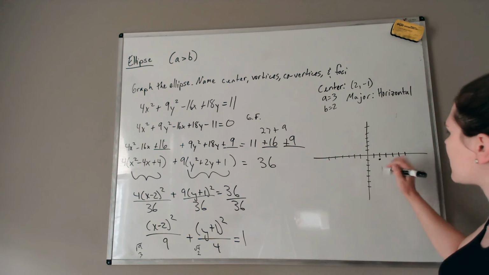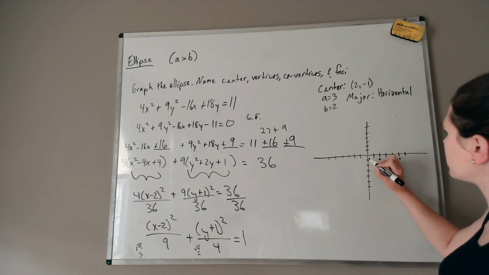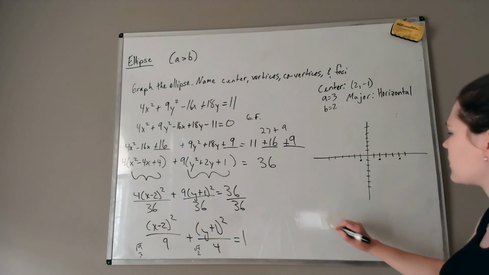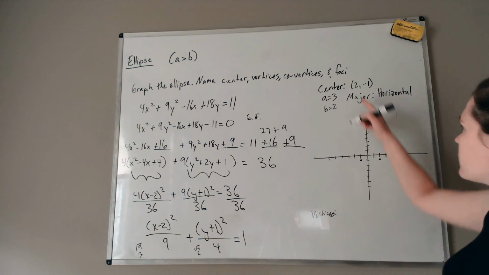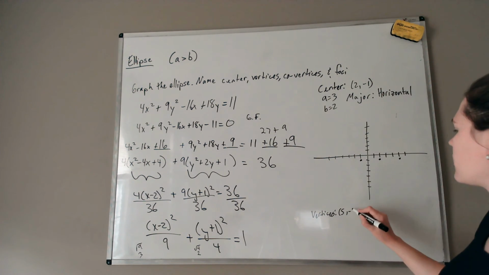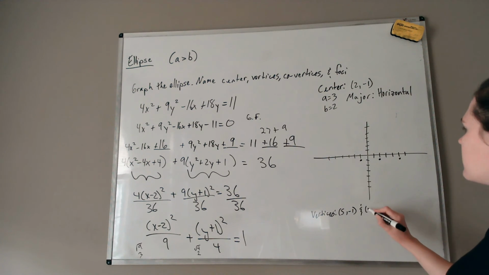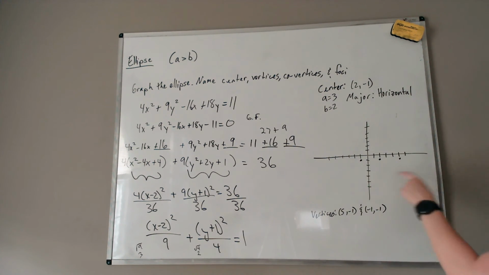Okay, so the major axis is horizontal, so I go 1, 2, 3 to the right and 1, 2, 3 to the left. So the vertices, okay, so the center is 2, negative 1, so the vertices are 5, negative 1, and negative 1, negative 1. Notice the length of the major axis is 6.